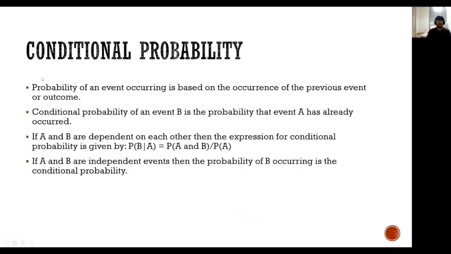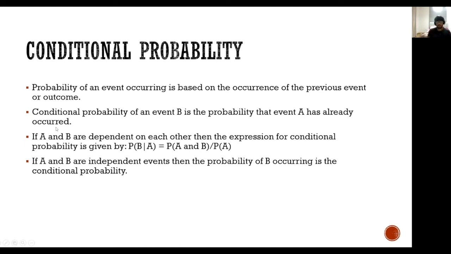Okay, let's go on over to conditional probability. Conditional probability is the likelihood of a particular event occurring based on the occurrence of the previous event, or the outcome of the previous event. The conditional probability of an event B is the probability that B occurs given that event A has already occurred.